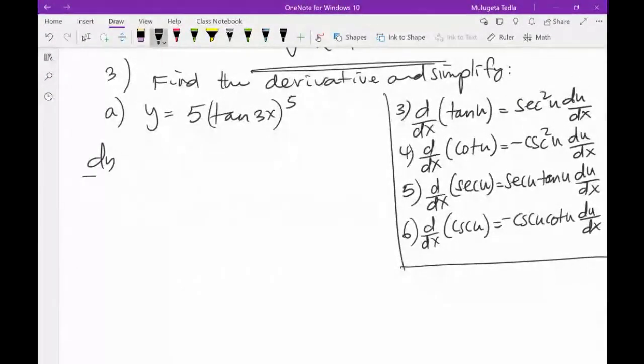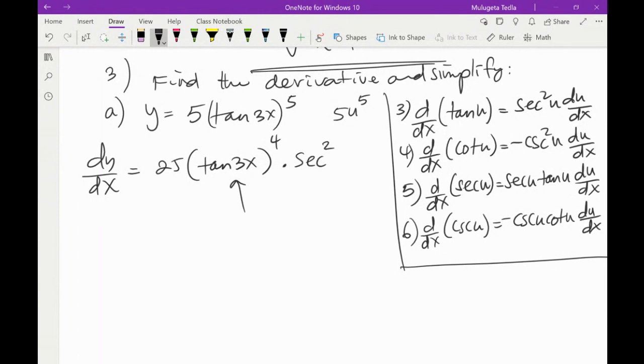So the derivative, dy by dx, is the same thing. We have 5u to the 5. The derivative is 25u, which is tan 3x, and reduce the 5 into 4, times the derivative of the inside, which is, by definition, secant squared of the angle, which is 3x in my case, times the derivative of the angle, which is 3.